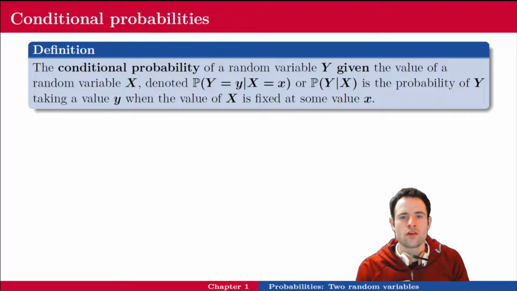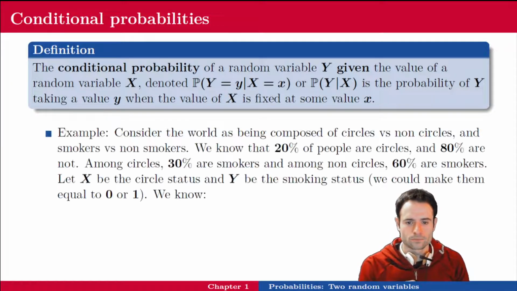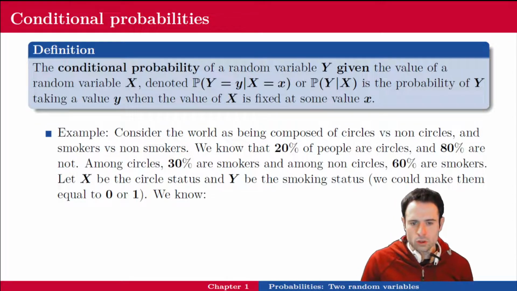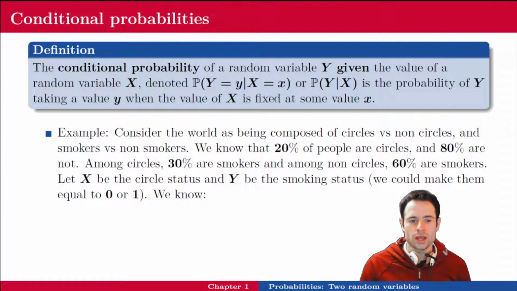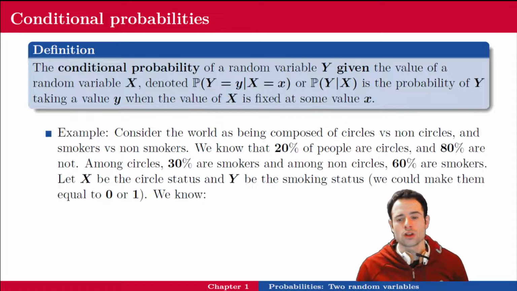I'm going to give you a very simple example. Imagine that the world is composed of circles and non-circles. We also have smokers and non-smokers. And here are a couple of stats I'm going to give you. We know, for instance, that 20% of the people are circles and 80% of the people are not circles.